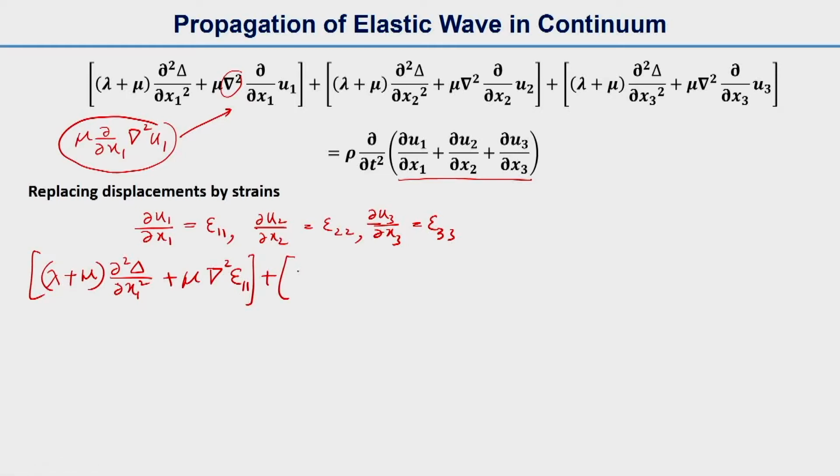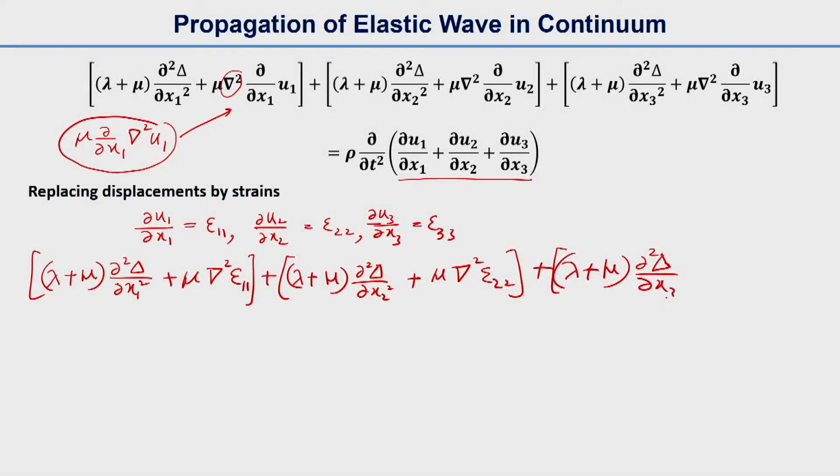Then lambda plus mu, the double partial of delta with respect to x2, plus mu with the nabla operator epsilon 2, plus lambda plus mu, this is delta with respect to x3, plus mu, again similar with 3.